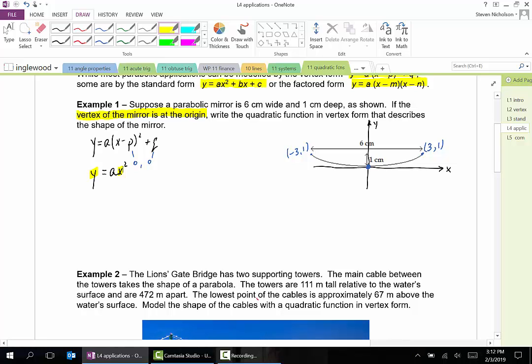We just want to enter our coordinates and solve for a. When we enter the point with y equal to 1, and I'm going to use the positive 3, we end up with a equal to 1/9, which makes sense because it's positive. This mirror is opening up. It looks kind of squashed, so therefore it's a fraction, and our equation is y = 1/9 x squared.